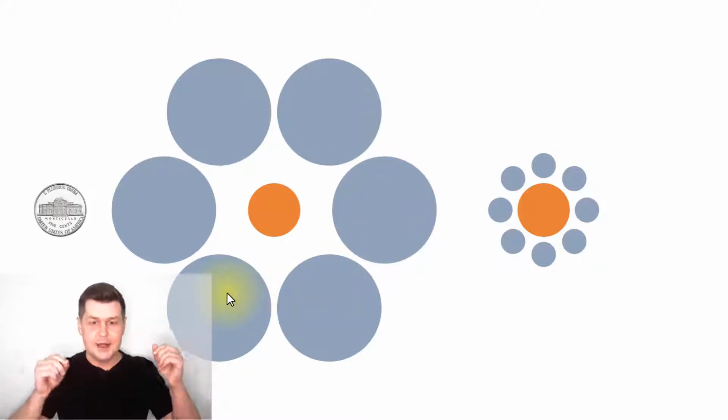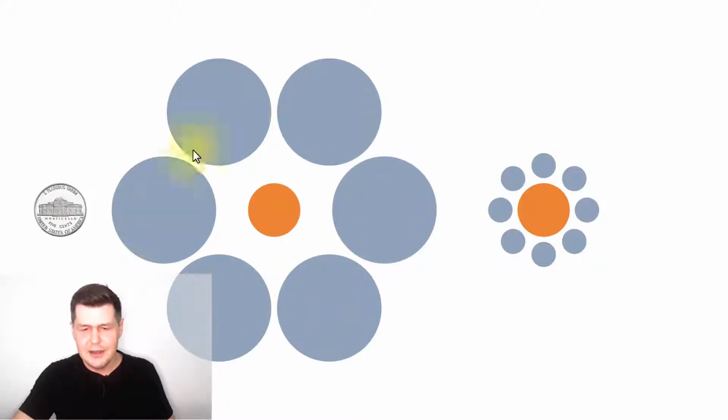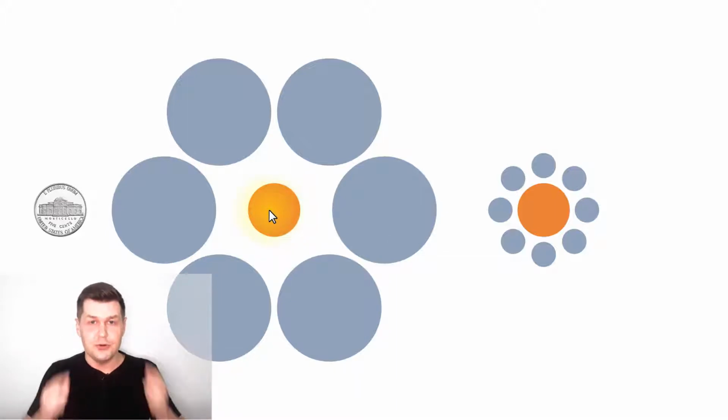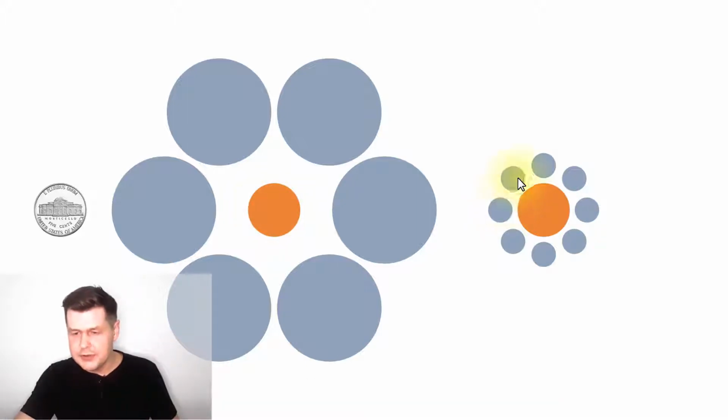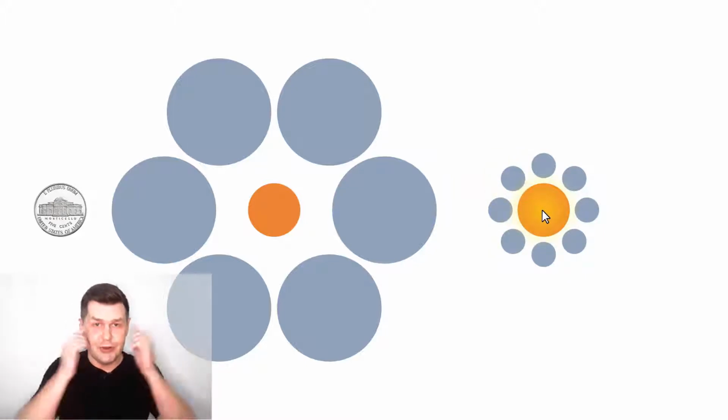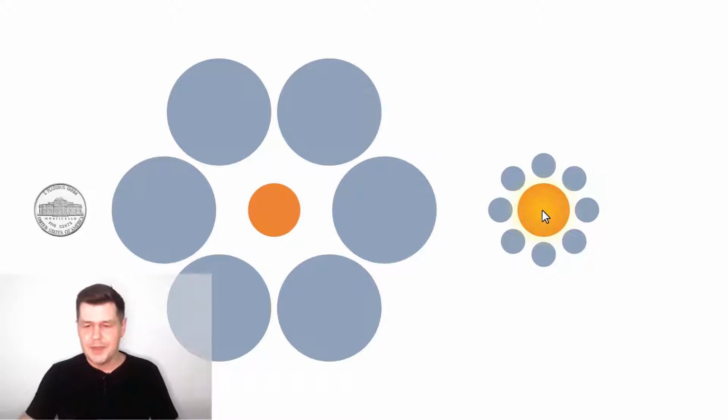There are 6 big circles all around this orange circle. So these big circles, the big circles all around this orange circle, make this orange circle look smaller to us, but the small circles all around this orange circle make this orange circle look bigger to us.